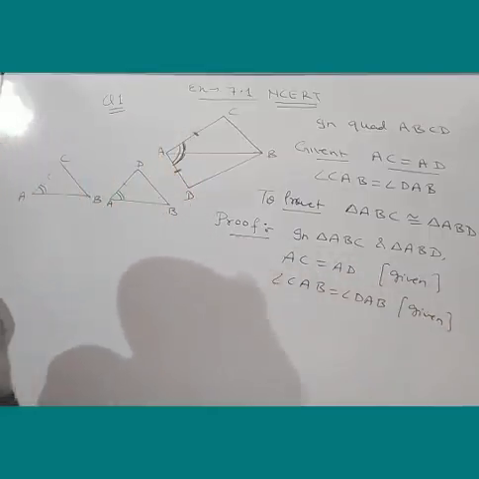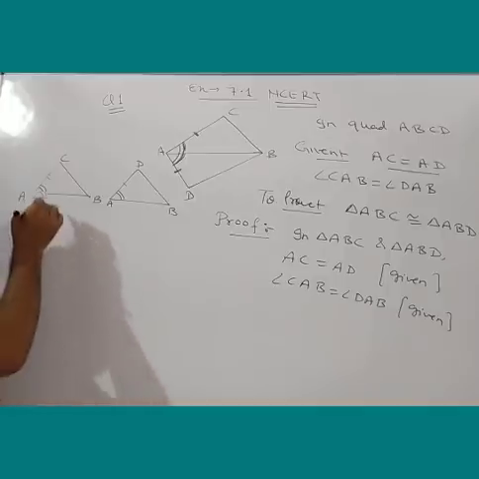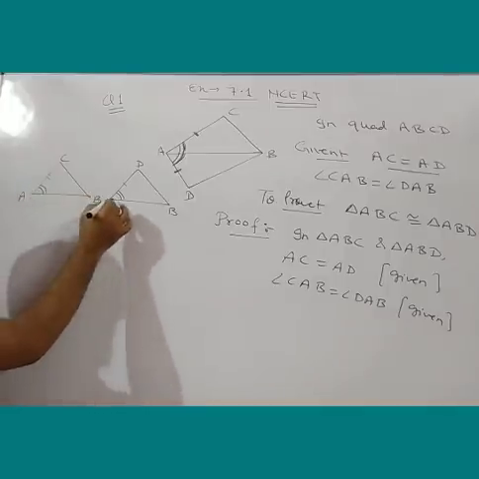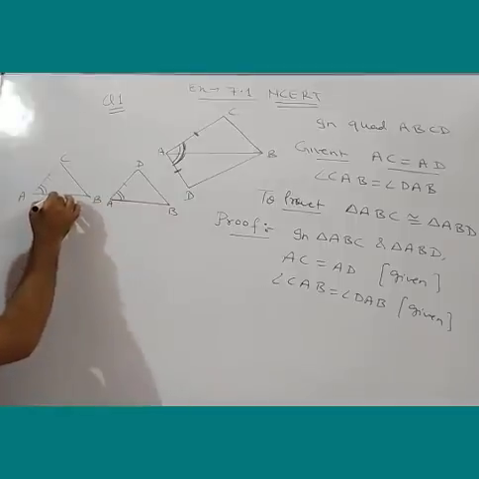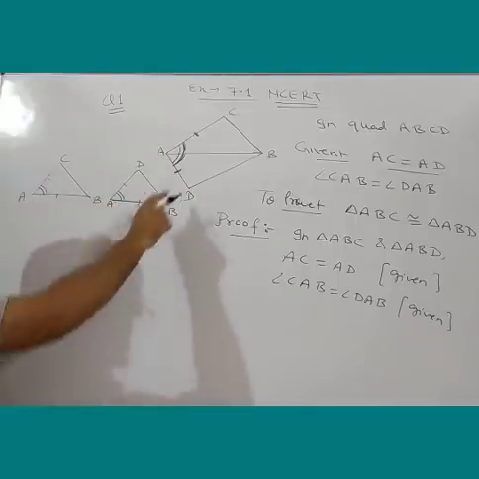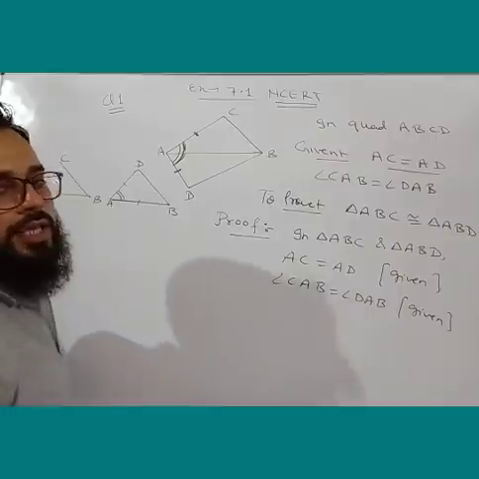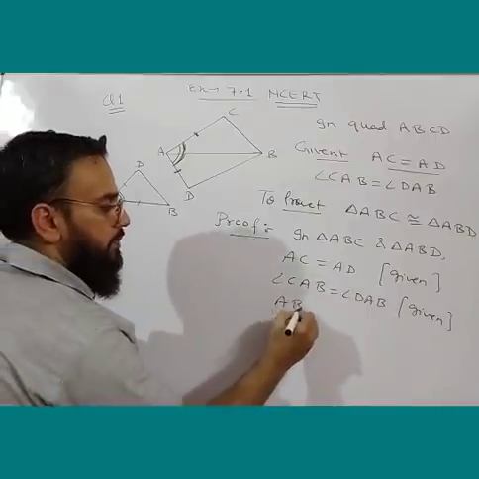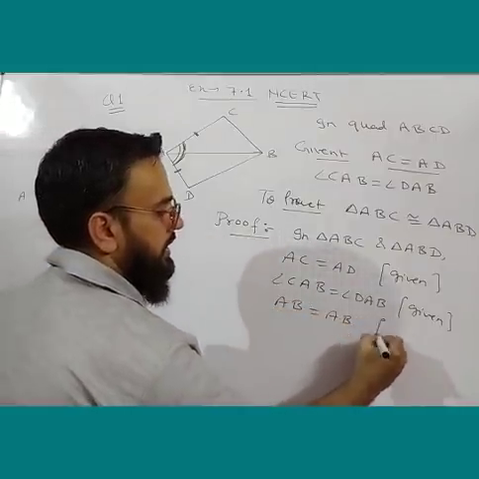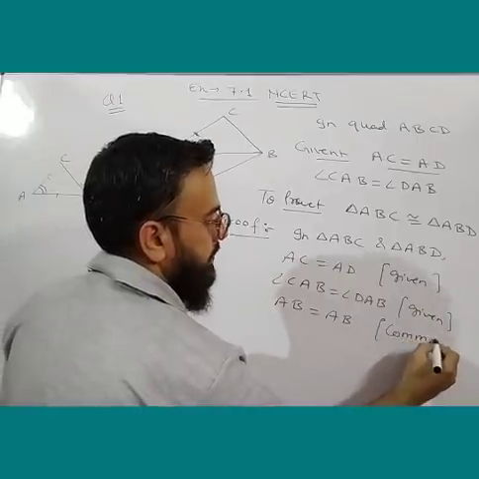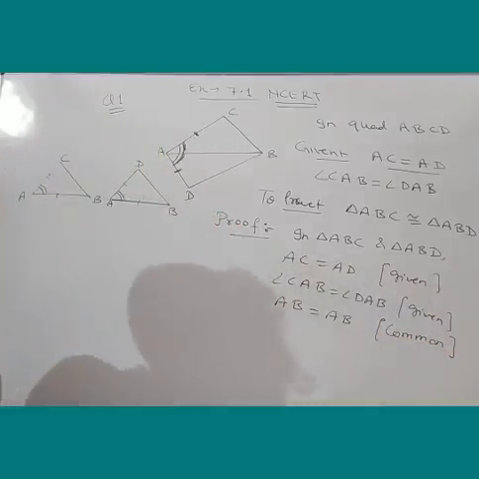Now the third thing which is equal in both the triangles is side AB. This is side AB, and again here it is side AB. It means AB is equal to AB, and this side AB is common in both the triangles.